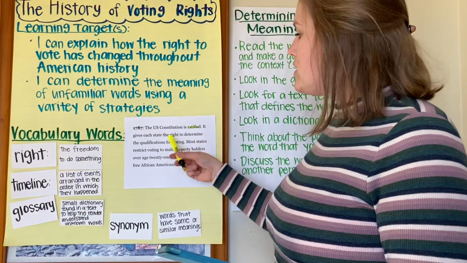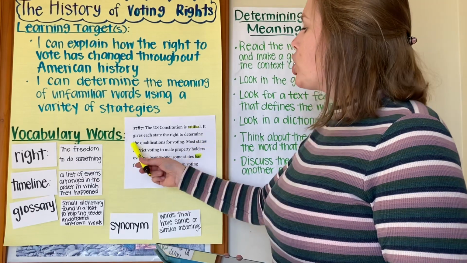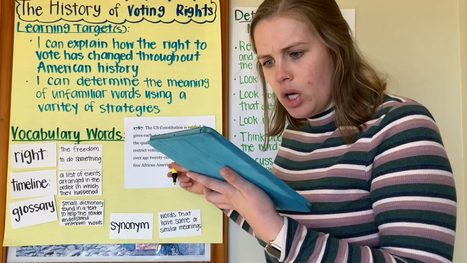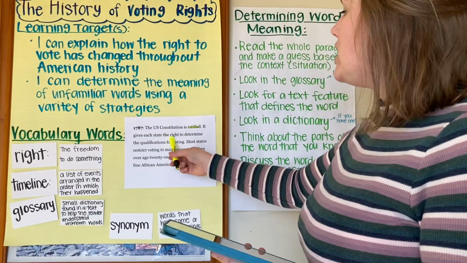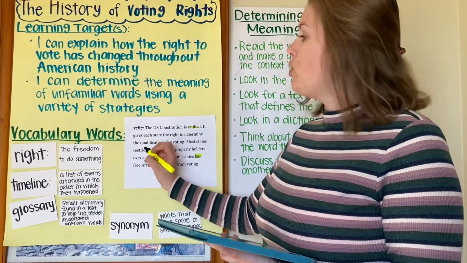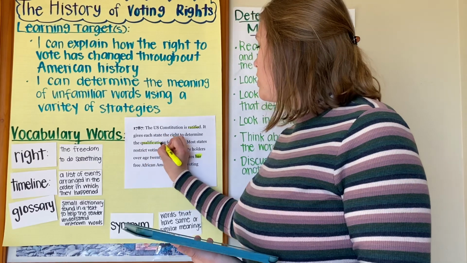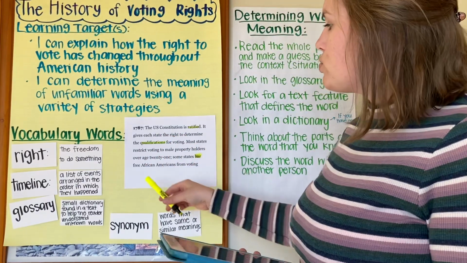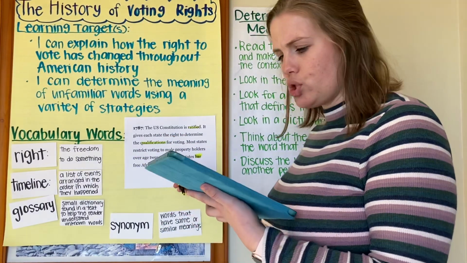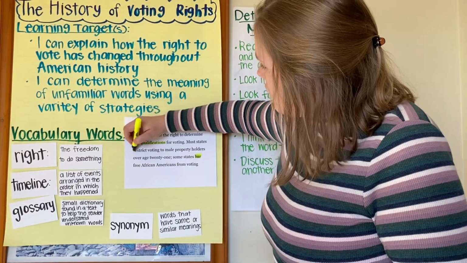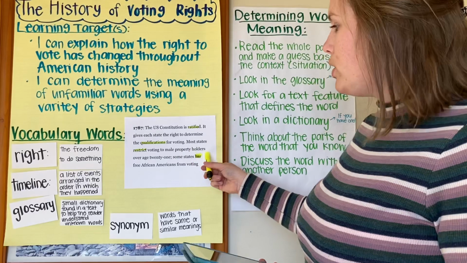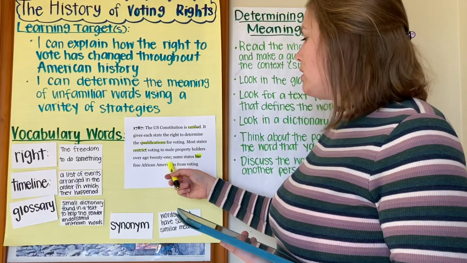It gives each state the right to determine the qualifications for voting. Qualifications, worthiness. Okay, so it gives each state the right to determine the worthiness for voting. Most states restrict voting, limit. Most states limit voting to male property holders over age 21.